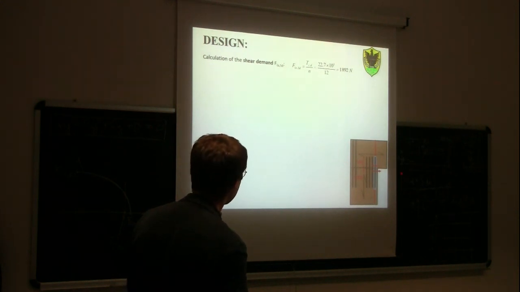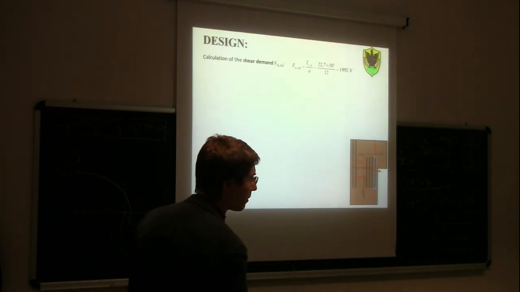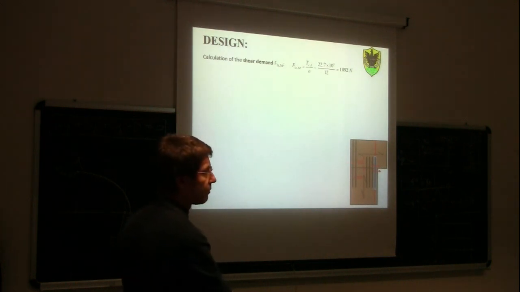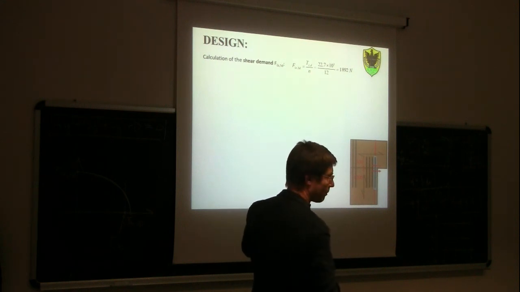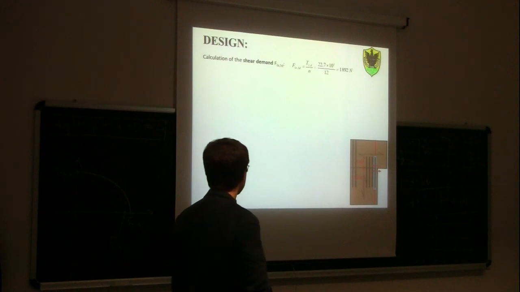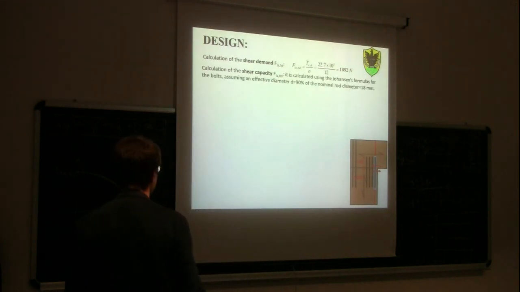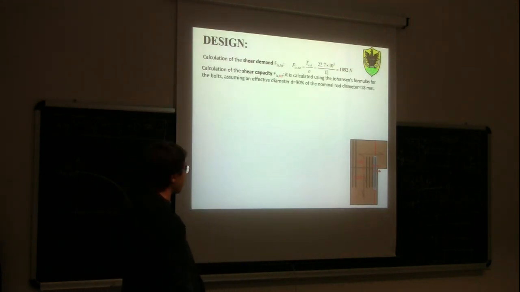Number of rods, we have 8 in compression, 4 in tension, all of them are resisting shear, so we do total shear divided by total number of rods. Correct. So 1.8 kilonewtons.